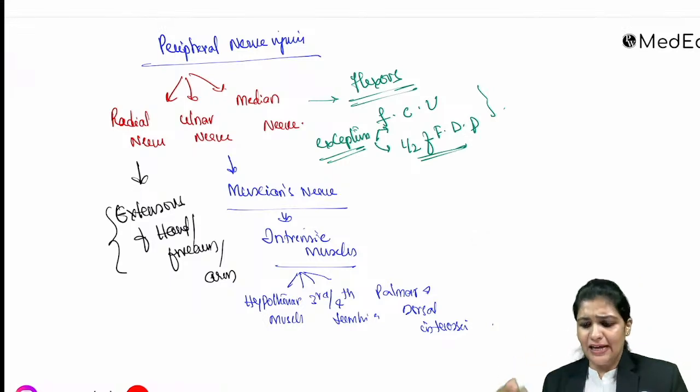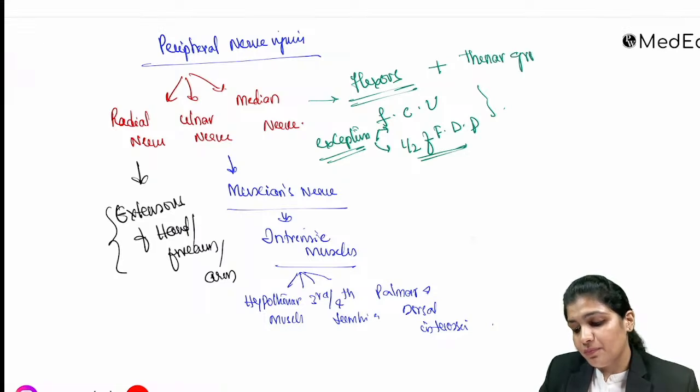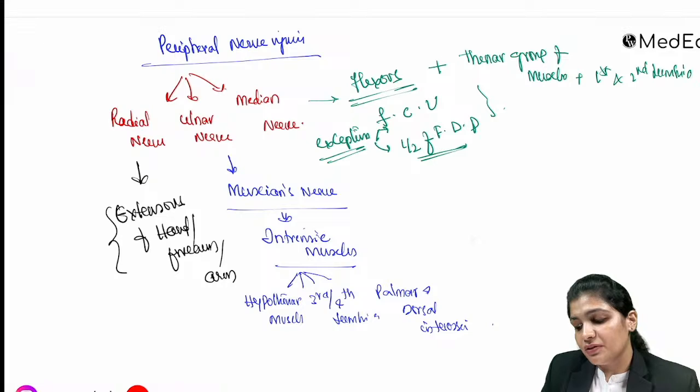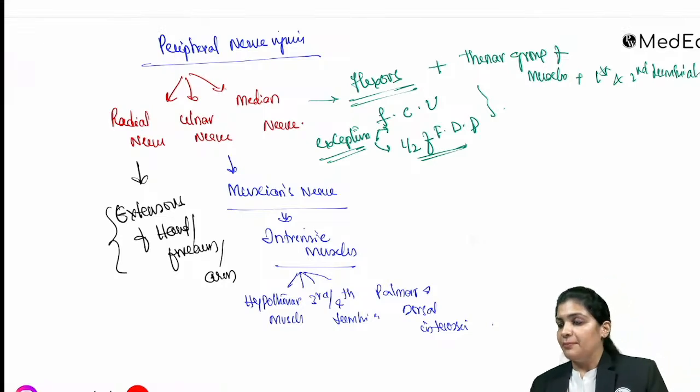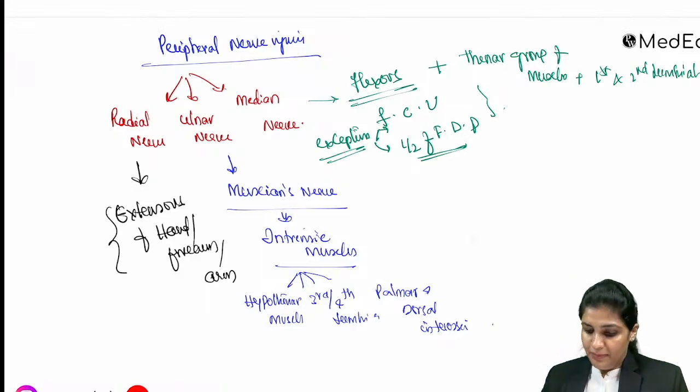Rest all the flexors are supplied by the median nerve, and of the intrinsic muscles, your thenar group of muscles and your first and second lumbricals are supplied by your median nerve, right?